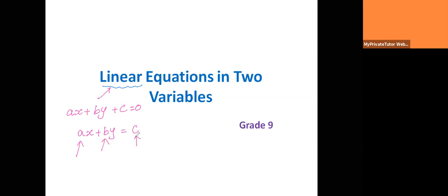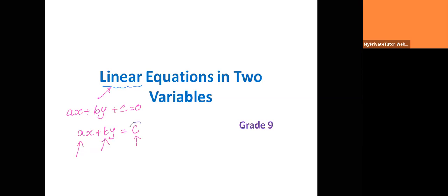What do you mean by constants? Constants are the numbers. Even 0 is a constant, isn't it? But a and b have to be non-zero constants. Except 0, it can be any other value, negative or positive.